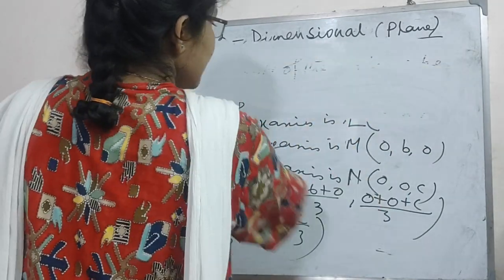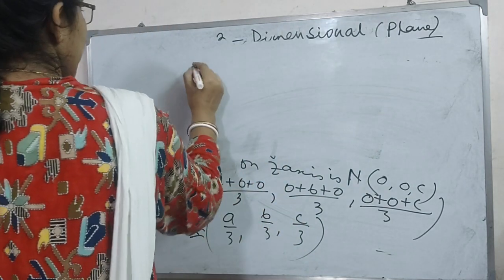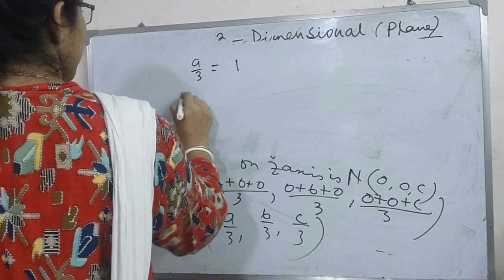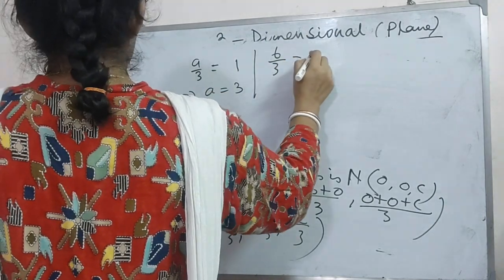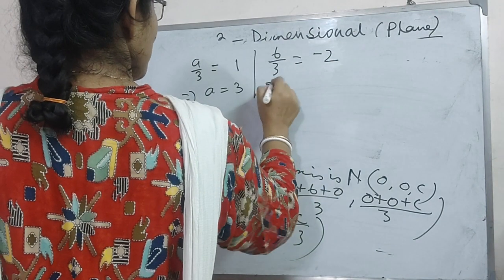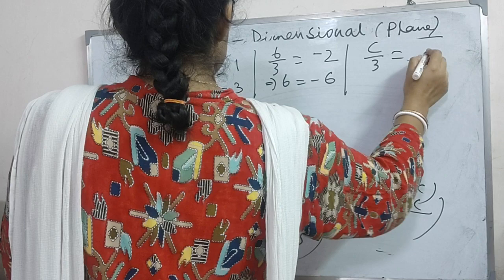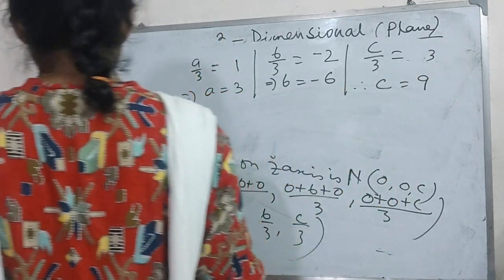It is given that the coordinates of the centroid are such that a/3 = 1. That means a = 3, b/3 = -2, so b = -6, and c/3 = 3, that means c = 9.